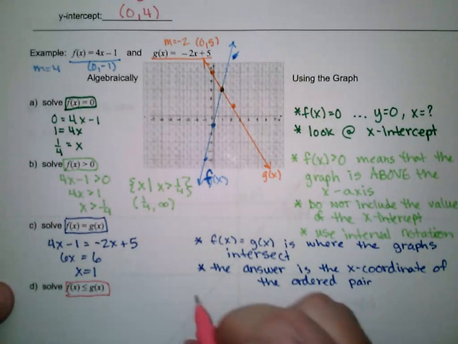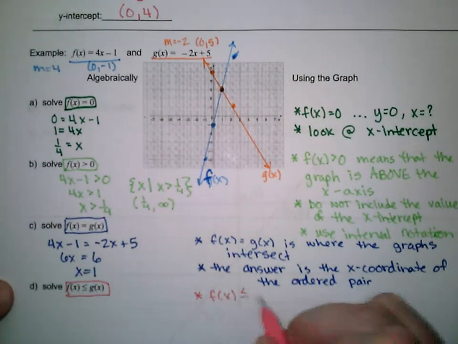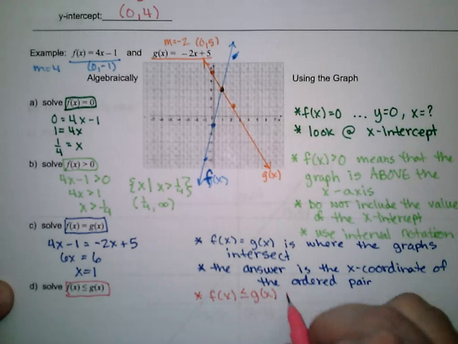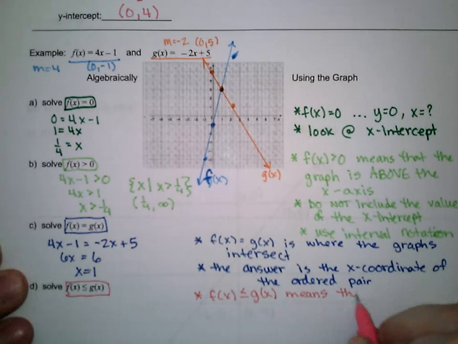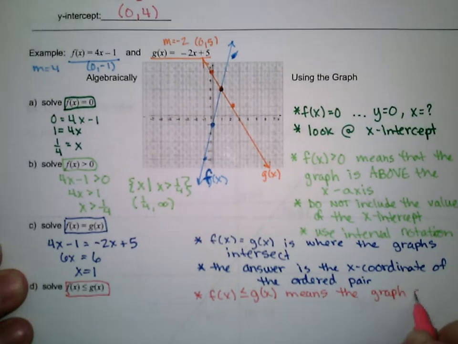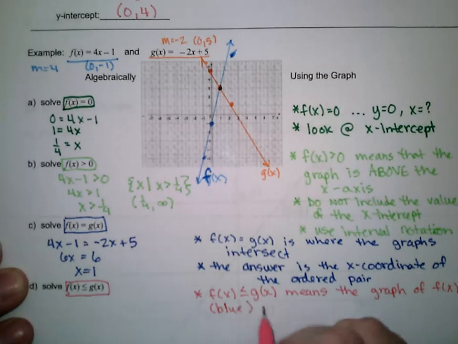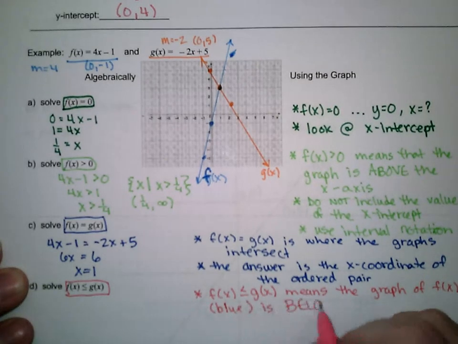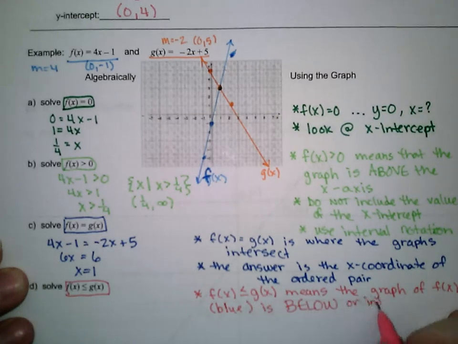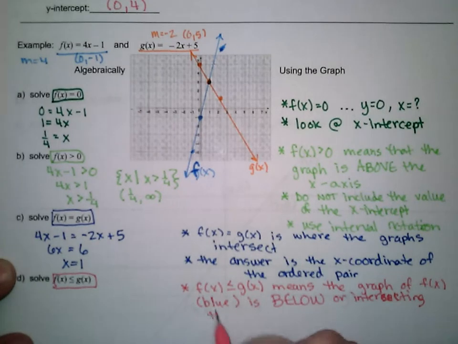So when f of x is less than or equal to g of x graphically, that means the graph of f of x, which in my picture is blue, is below or intersecting, since it said less than or equal, the graph of g of x, which is the orange one.